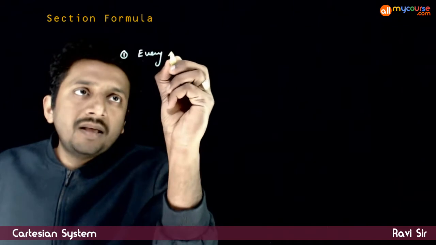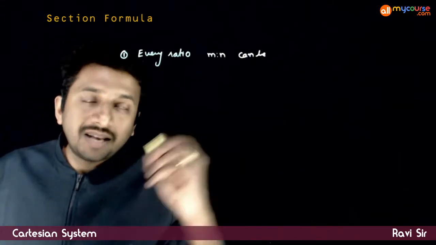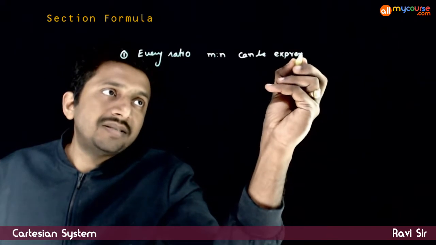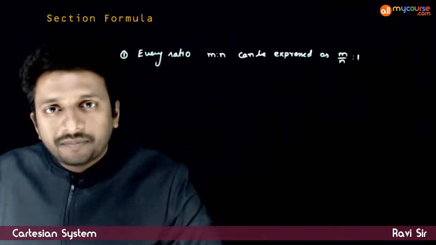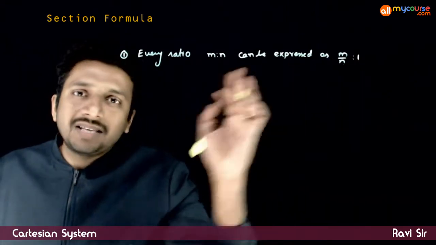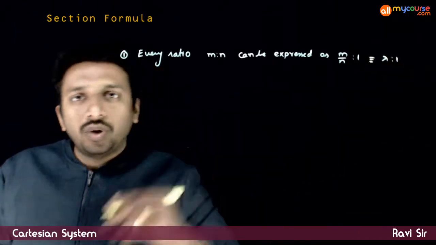So welcome students. In this topic, let us look at some very important points that need to be remembered in section formula. The first important point is that every ratio of the form m:n can be expressed as λ:1, where λ is nothing but m/n.